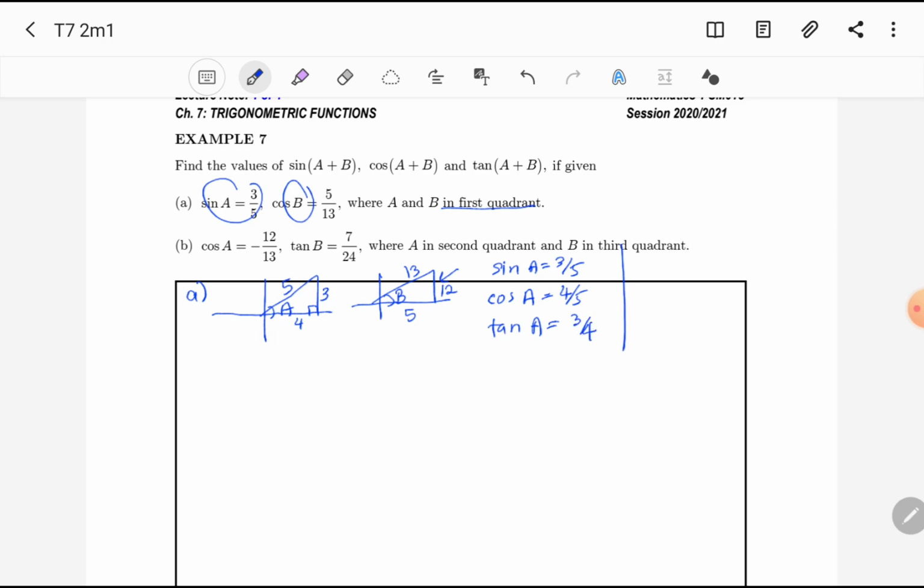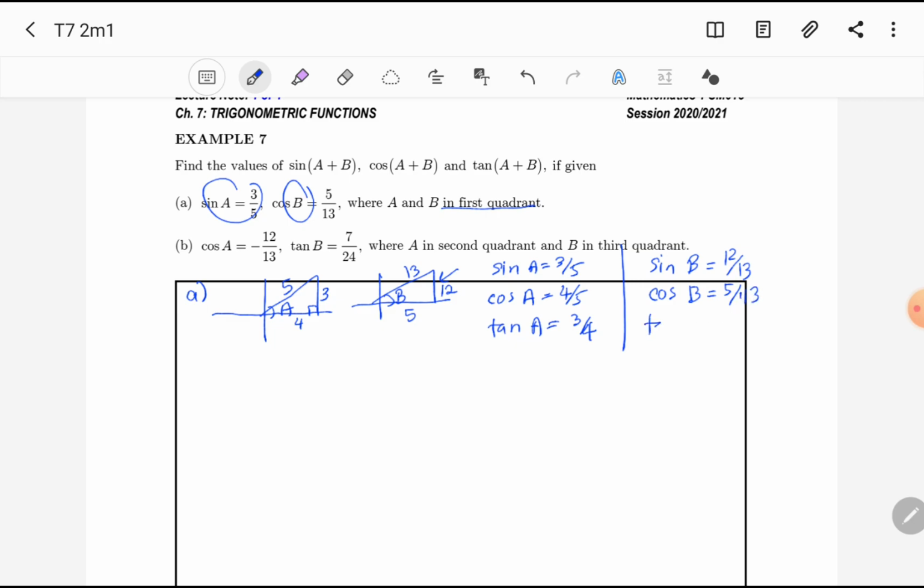Bijak. Okay, ni A. B pula. So, sin B equals to 12/13. Bijak. Cos B equals to, okay, mana dia punya adjacent? 5. Okay, good. 5/13. Ataupun dia dah bagi dah dalam soalan ni.